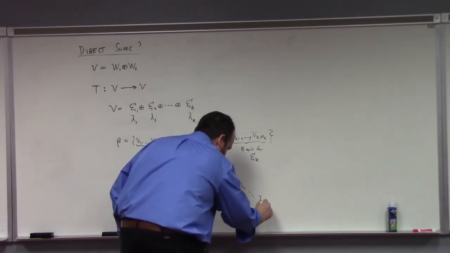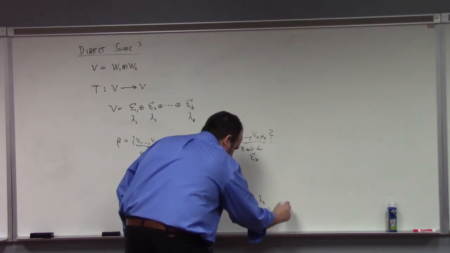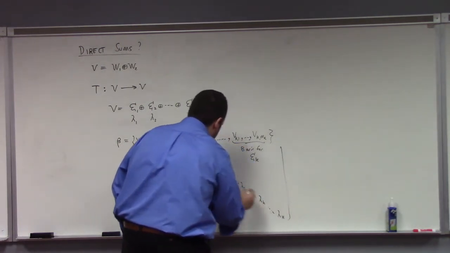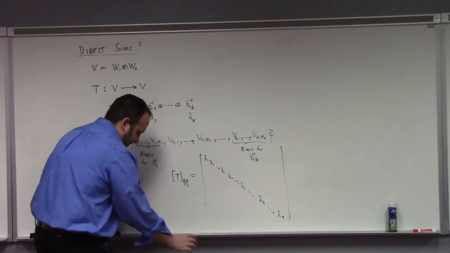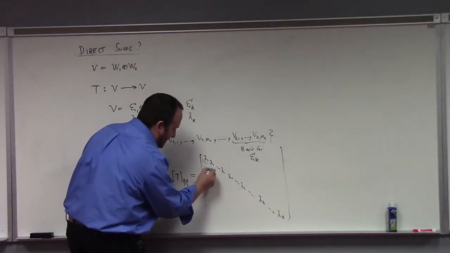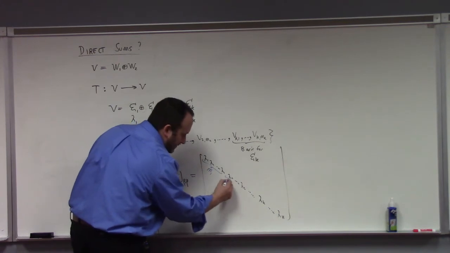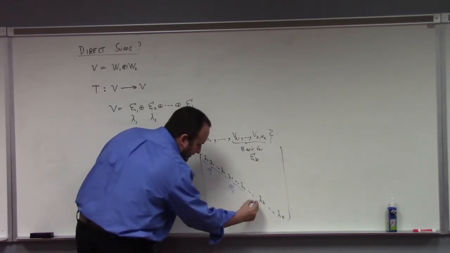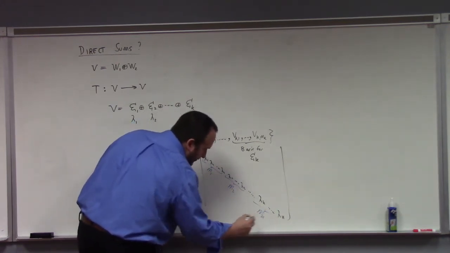Eventually I get to the kth one, where you've got m1 of these, m2 of those, mk of those, something like that.